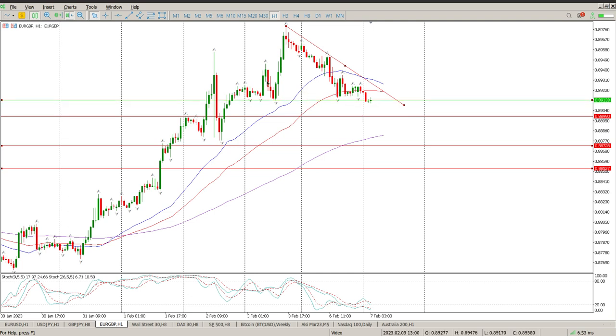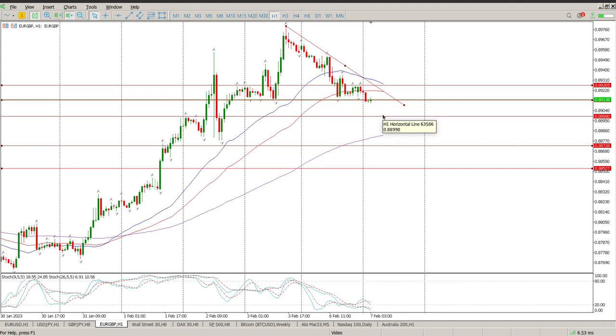Or alternatively, it could be the start of a base here for a range for another move to the upside. So anyway, I'm not too keen about this. So what I'd want to see is a break and retest of this area here. So break and retest of 0.89279, that would get me long. Otherwise, we will wait to see what happens down at 0.88990.